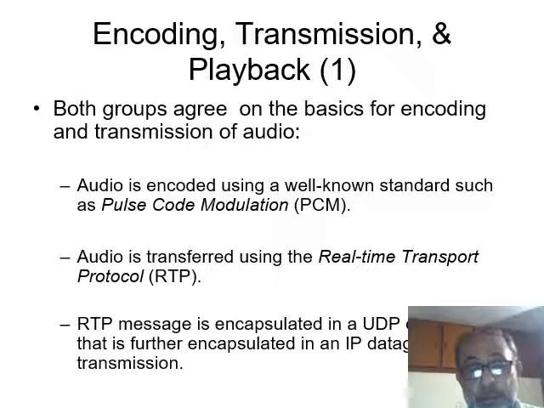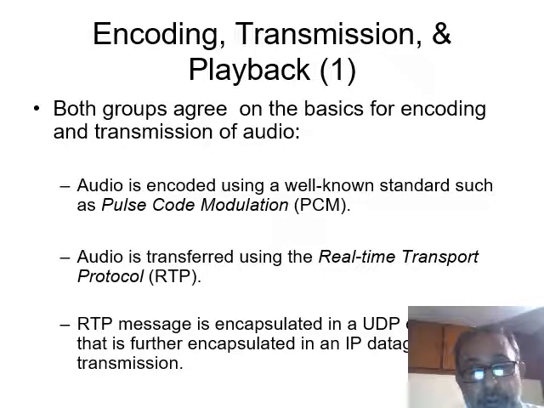So, what is the basic process of sending voice over IP? Both of these groups, ITU and IETF, agree on the basics of encoding and transmission of audio. Audio is encoded using a well-known standard, which is PCM, which includes both the American and European standards, that is DS1 as well as E1 standards.